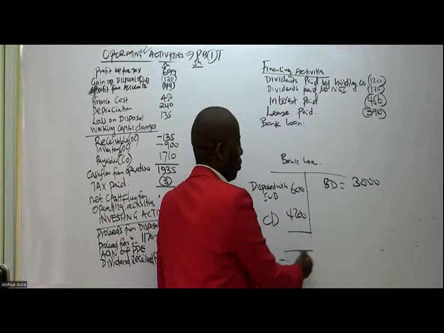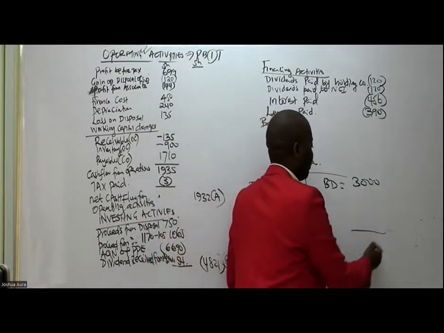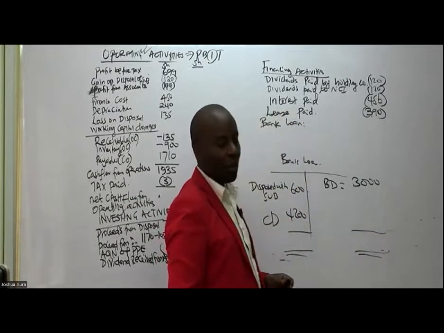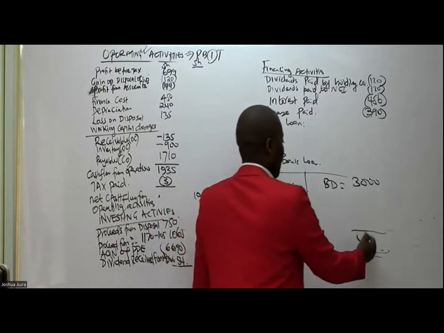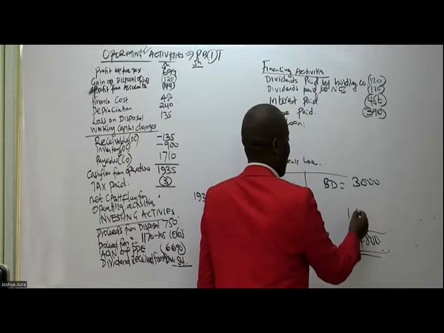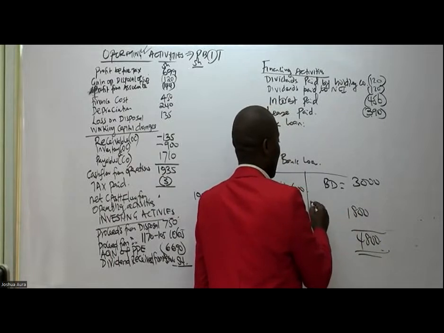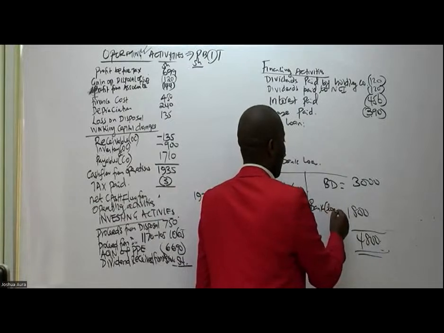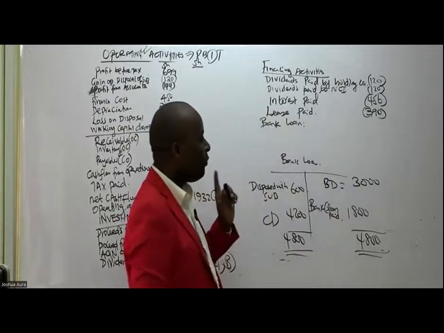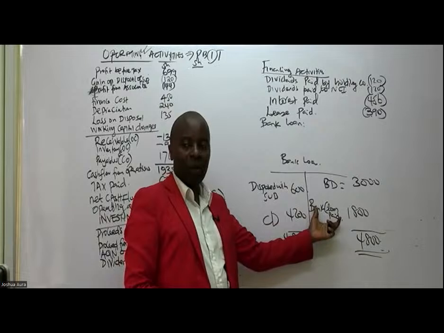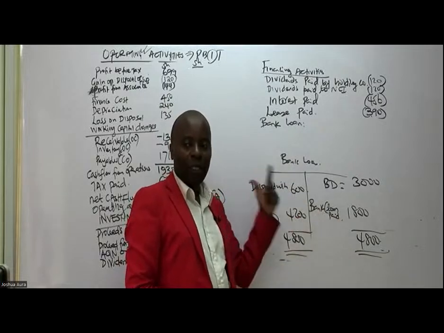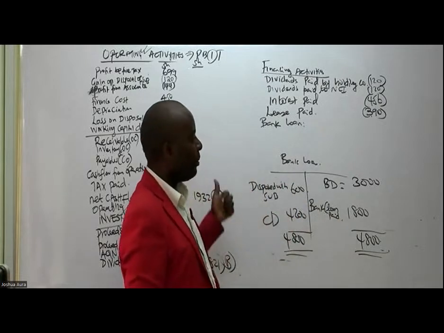So please go ahead and balance. The new balance, what are we able to see? We have 4,800, meaning that we must have paid. So bank loan paid. Not paid, received, because here we are crediting this account and then we debit our bank account.